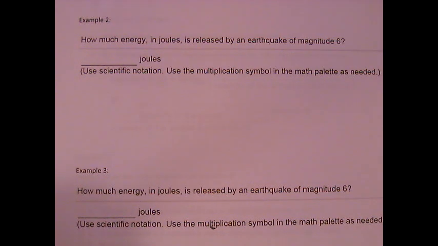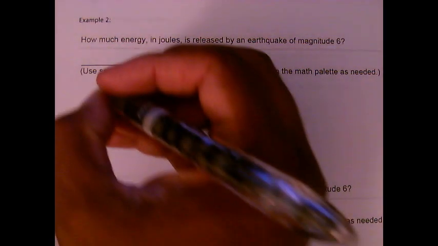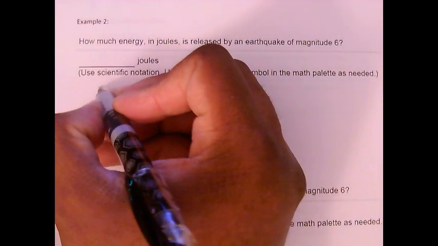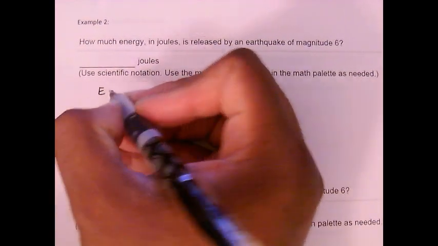If you're not familiar with scientific notation, on Canvas I do have review videos that will explain what scientific notation is. So you might want to watch those videos in order to get an understanding of it, because that's what we'll have to give our answers in here.